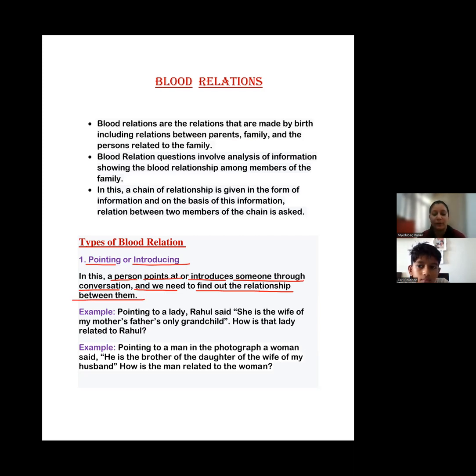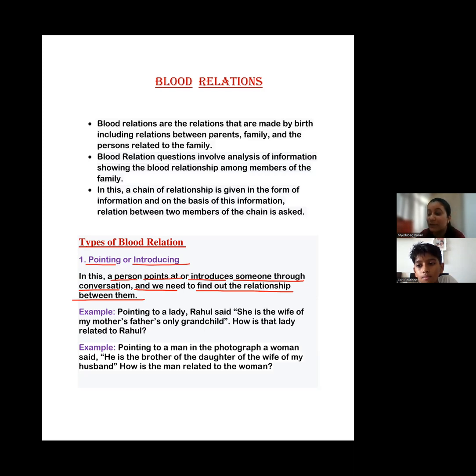For example, if you are showing your mother's photograph to someone, you are not directly telling them that she's your mother, but you are using a chain. You'll say that she is the daughter of, say, my father's father-in-law. Your father's father-in-law will be your mother's father only, isn't it?